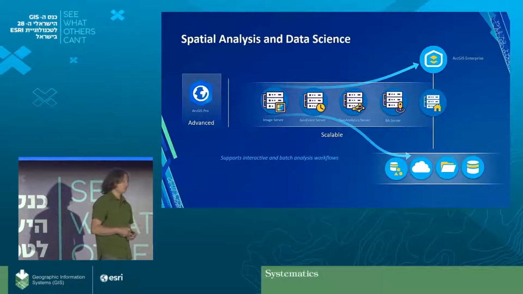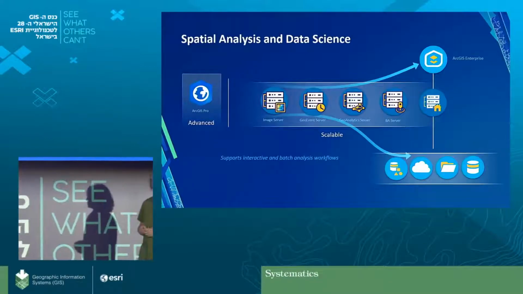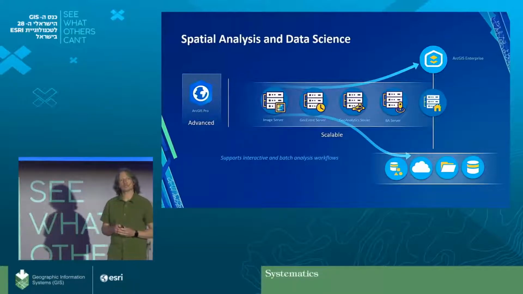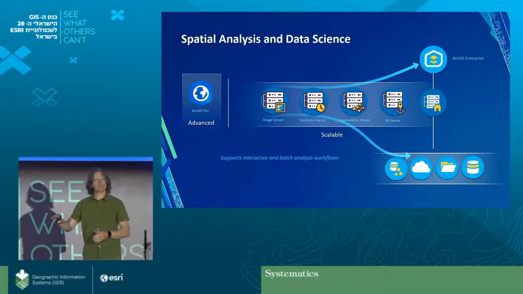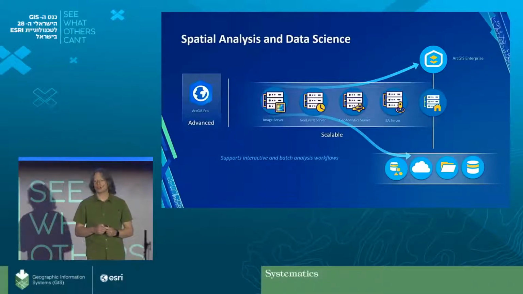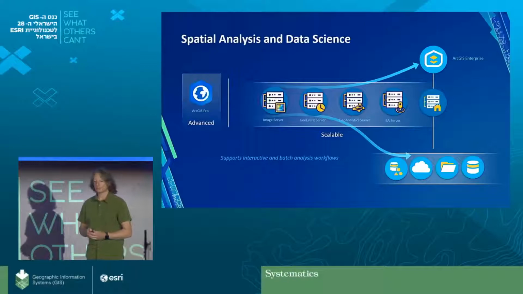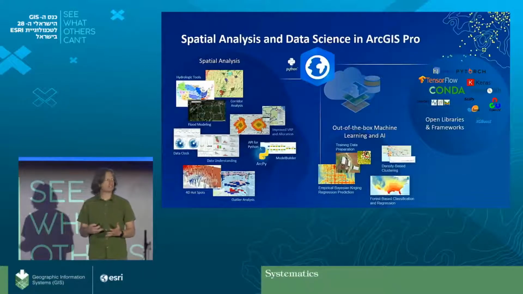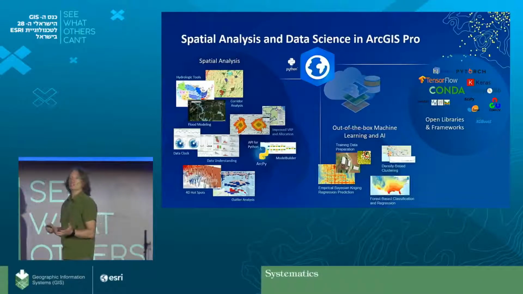And we really think that ArcGIS is a premium platform for performing this, whether it's the desktop application, ArcGIS Pro, on the front end, or it's the number of servers that we have, each one specialized in performing a specific task, or whether it's the ability to connect to all of these data feeds and pull them seamlessly into your application. So if we have a look at ArcGIS Pro as a platform for performing data science, it has a very familiar user interface.